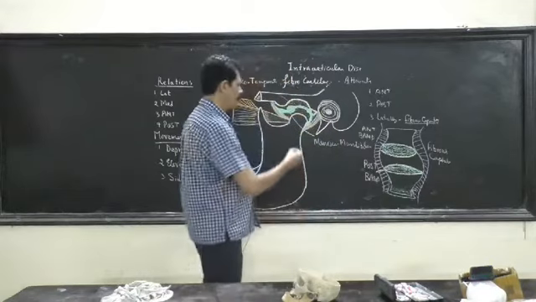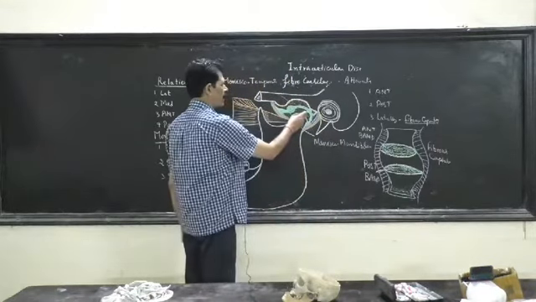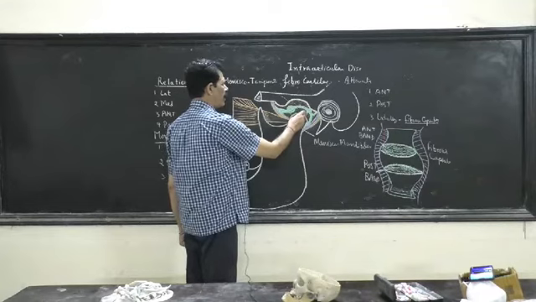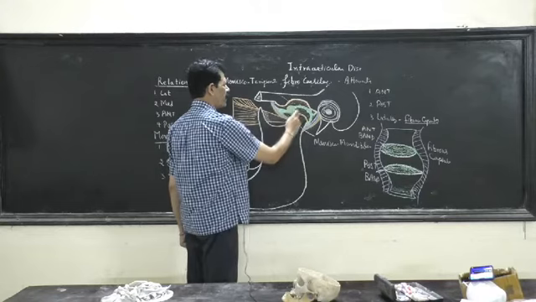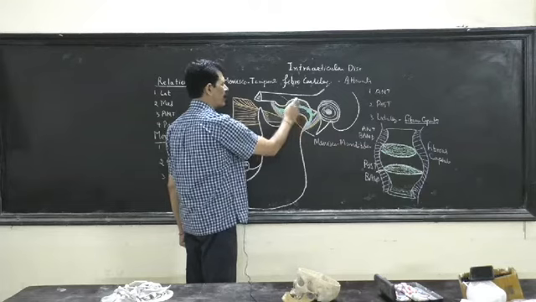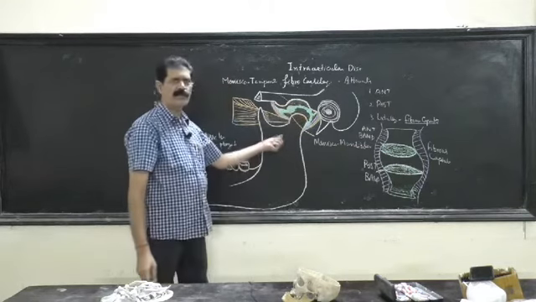And this head of the mandible, and there is a disc. So in the neutral position, the mandibular fossa is fitted by the head of the mandible. Both are elliptical, in neutral position.